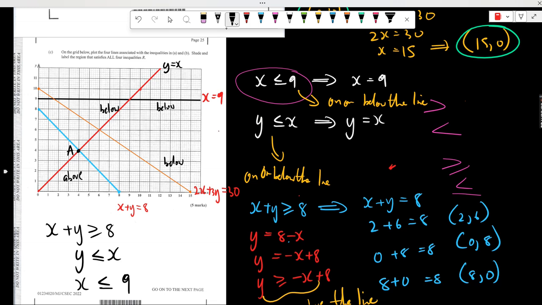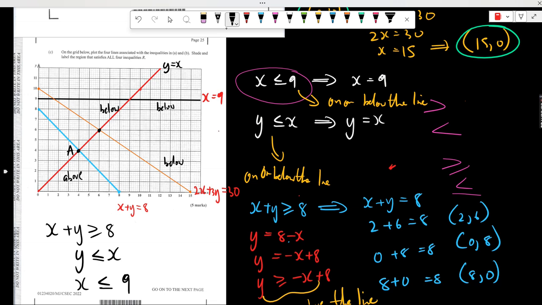X equals 6. And what is the Y value? 6. Yes, this is another one. And of course, we're talking about this region down here.